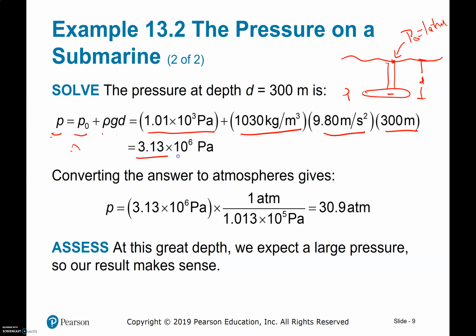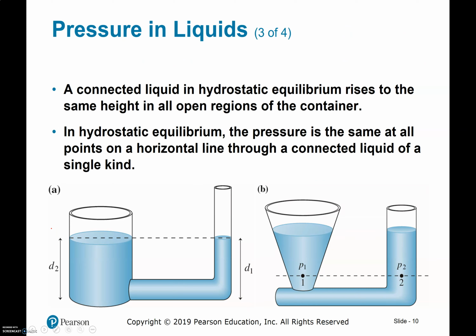And then we get 3.13 times 10 to the 6 Pascals. So that's roughly 30 atms. It's 30 times the atmospheric pressure. So that's a really, really huge pressure. Like I said before, these points here, these lines, they all have the same pressure in the liquid.